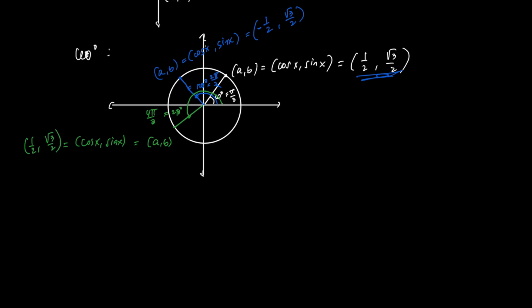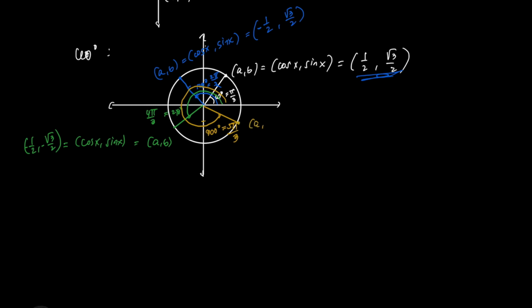But what is cosine in the third quadrant? It's negative. So this one here is negative. And also the sign in the third quadrant is negative. So this one here is negative square root of 3 over 2. For the fourth quadrant, okay, this is still symmetric to this one. And this angle here is 300 degrees, or in terms of pi, that's 5 pi over 3.